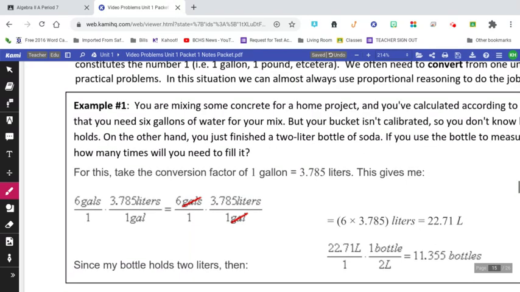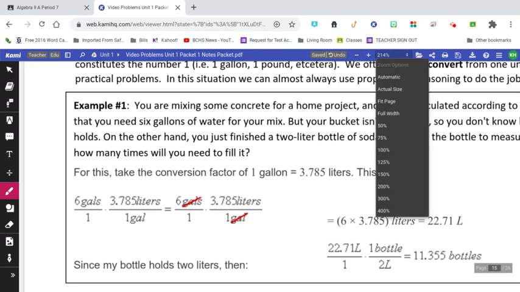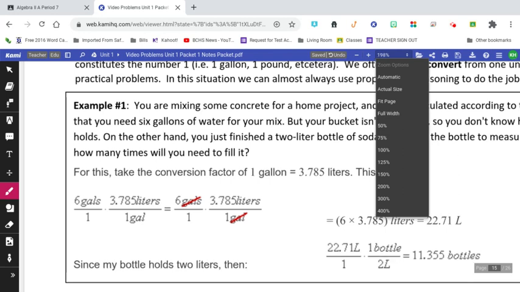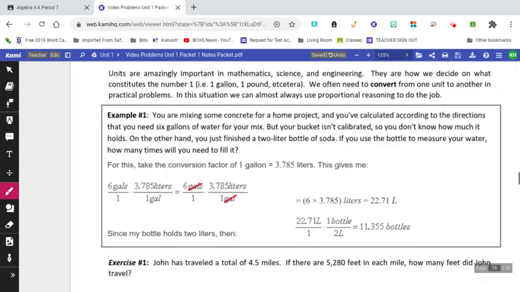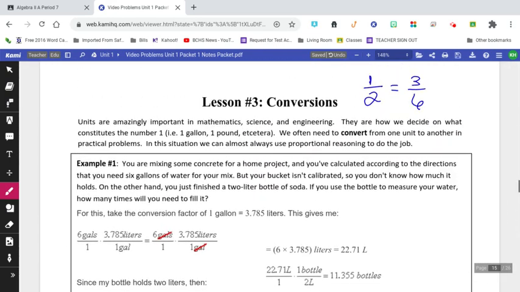So basically, what we use to make these conversions is what we call a conversion factor. And that is simply a ratio that shows the relationship between two quantities. So for example, let me write up here, in 1 foot, there are 12 inches.